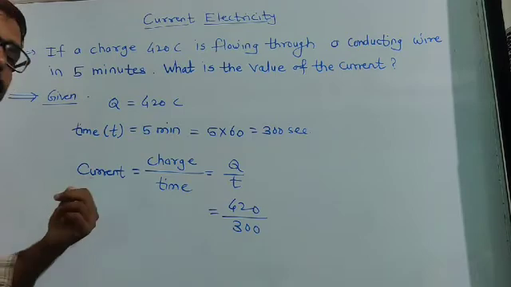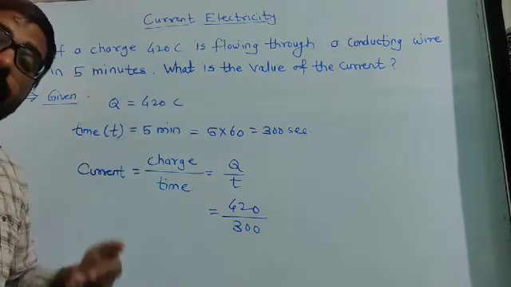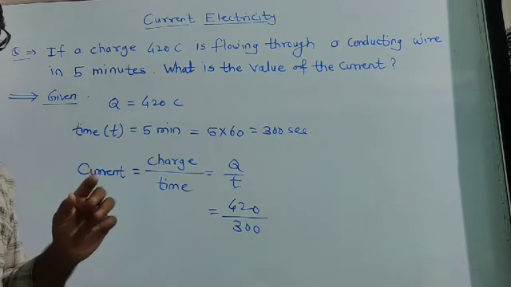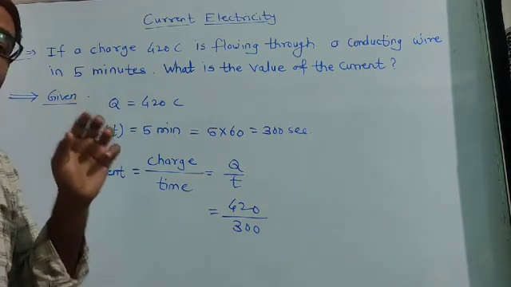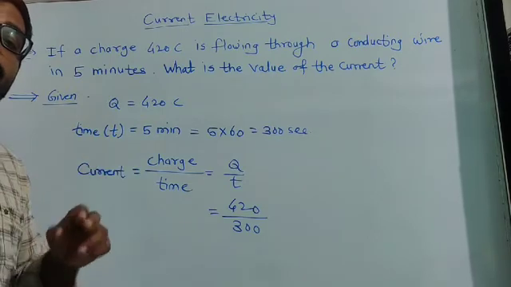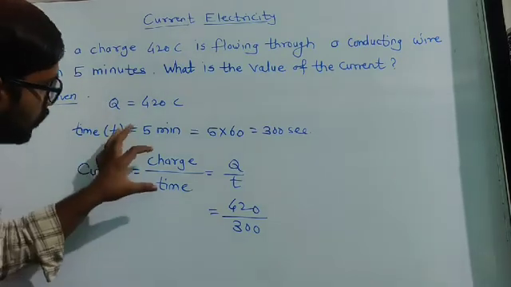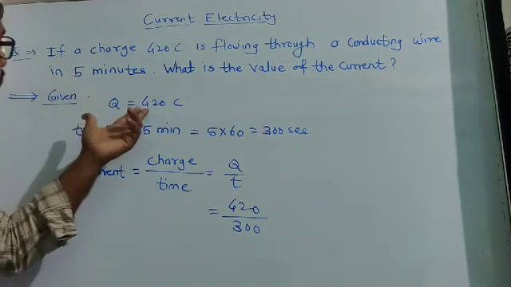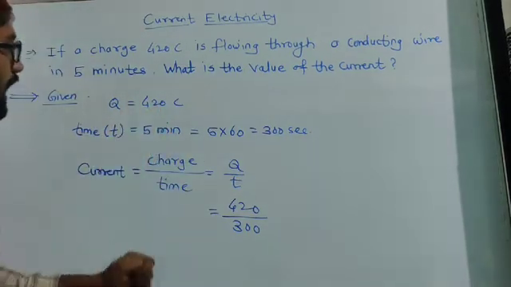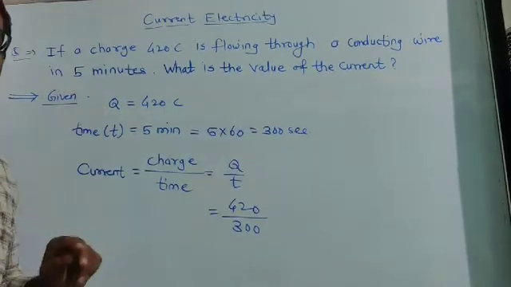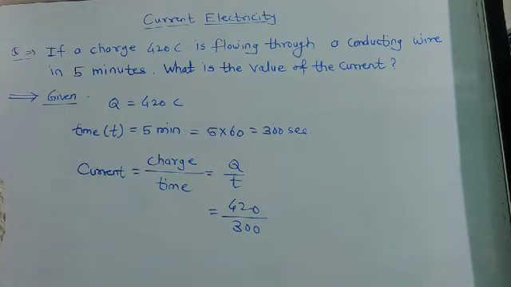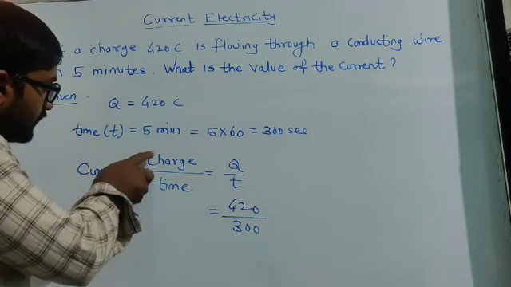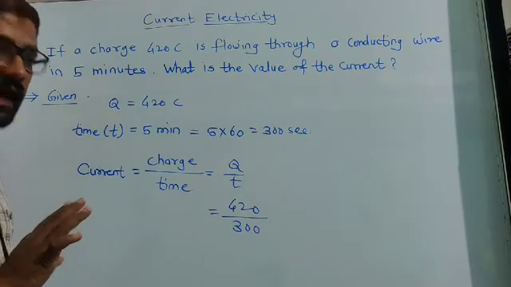Now there is one formula to calculate current. Current is nothing but the charge per unit time. The definition of current is the charge flowing through a conductor per unit time, so it is the ratio of charge and time. Here charge is given as 420 coulomb and time is 300 seconds. So current is the charge divided by time.